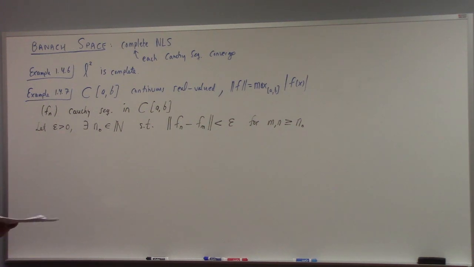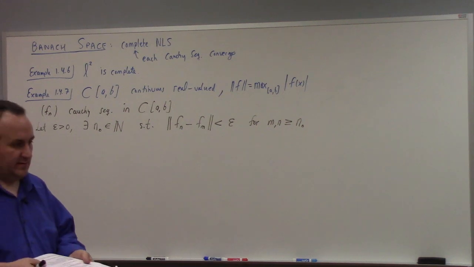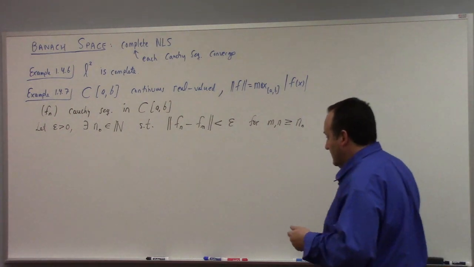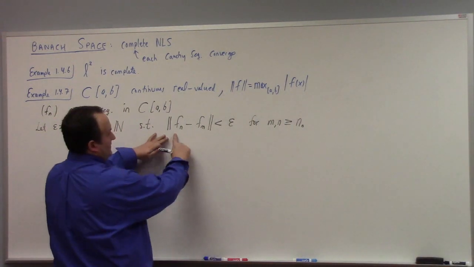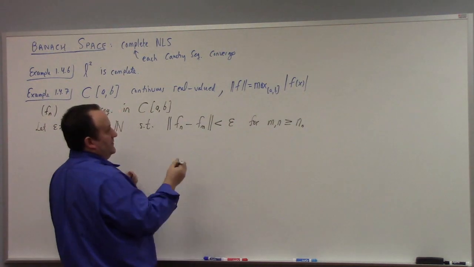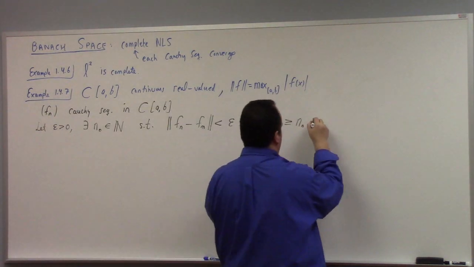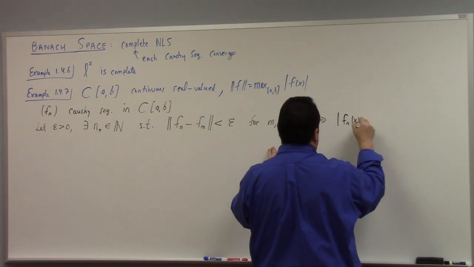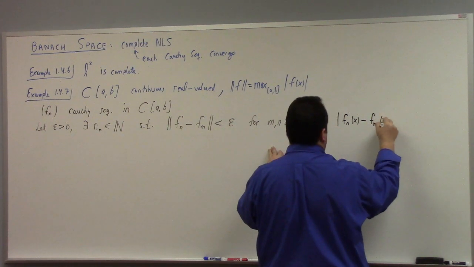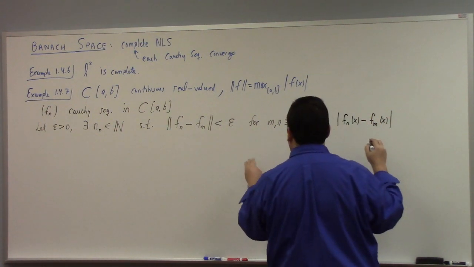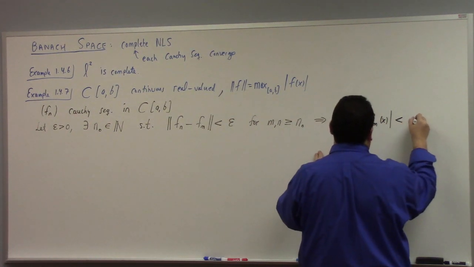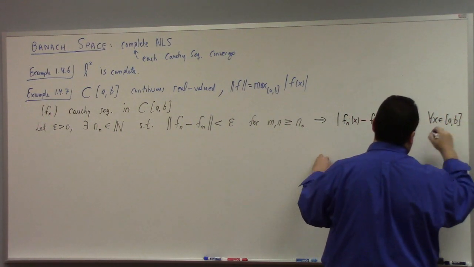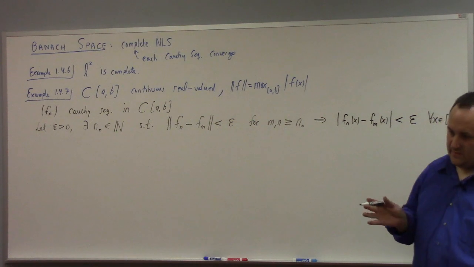Now, what does that mean? Look at the max norm right above it. So we can immediately get from that something about the values. So this is defined to be that, right? So this implies that the absolute value of f_n(x) minus f_m(x) must be less than epsilon for all x in [a,b], right? Does that make sense?